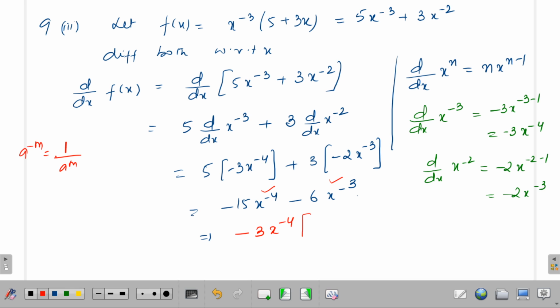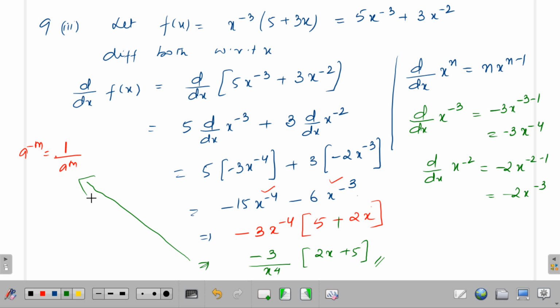So I'll get the answer minus 3 divided by x to the power 4, and then because I'm taking minus common, that will be plus, so that is 2x plus 5. So that's your answer. And how did I get x to the power 4? You can just check over here itself. All right, that's all about your question number 9.3.